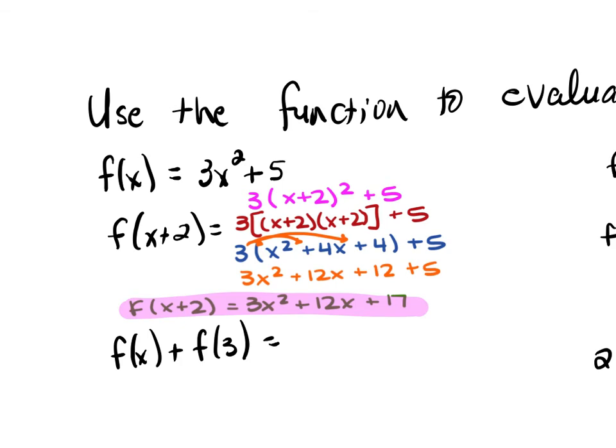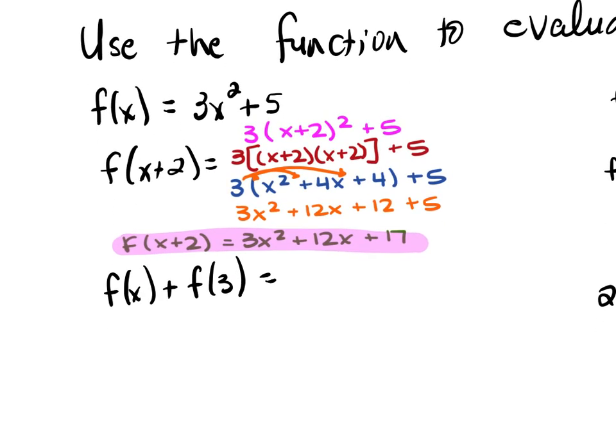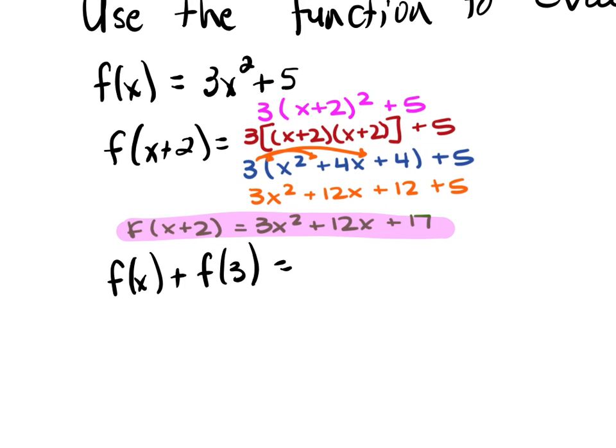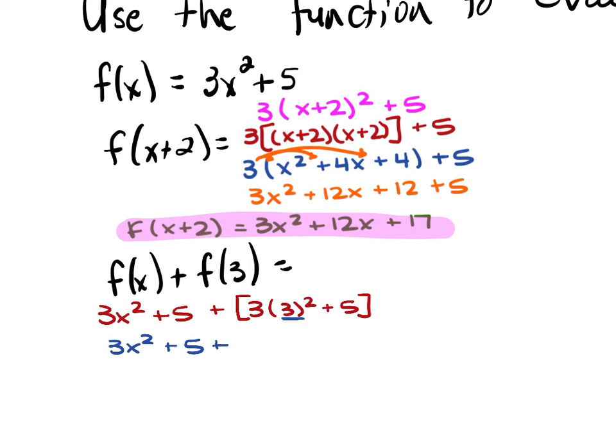For our next example, you have f of x plus f of 3. So you're going to take f of x, which is that 3x squared plus 5, and add it to the 3 being plugged in for x. So you're going to have 3 times 3 squared plus 5. Simplify the 3 squared. That's going to give us 3x squared plus 5 plus 3 times 9 plus 5.